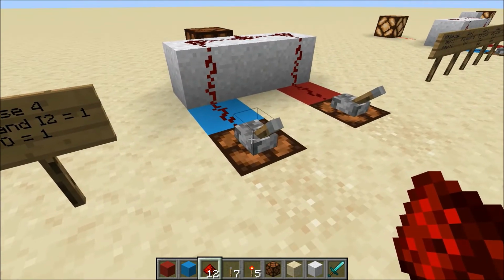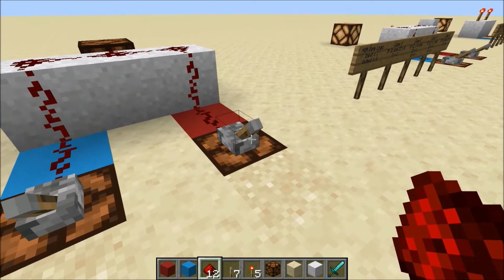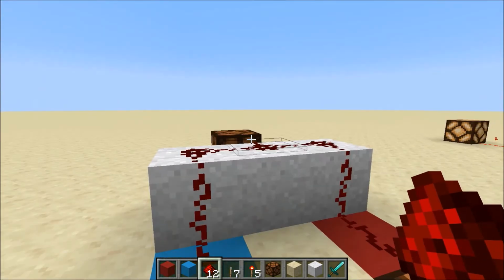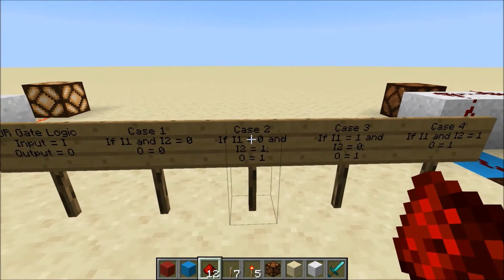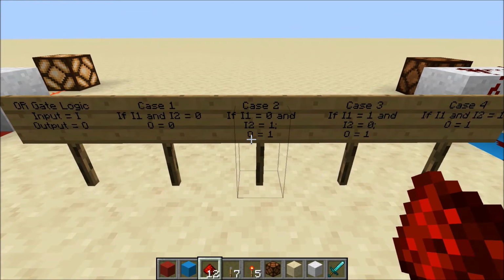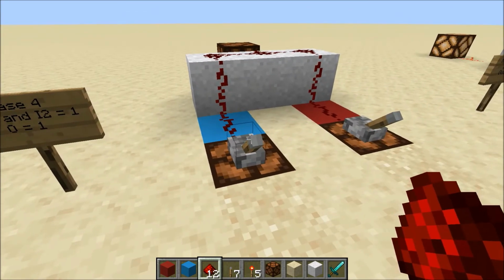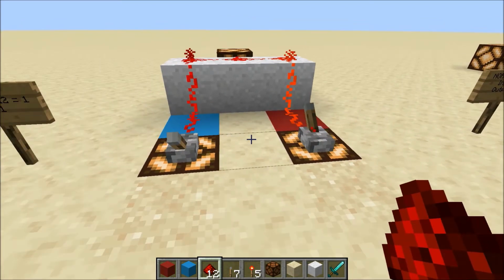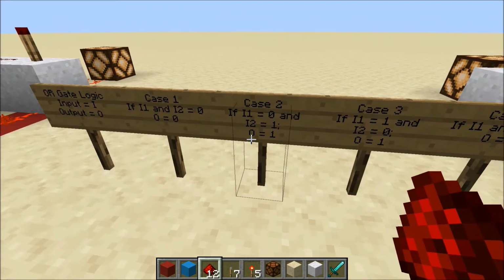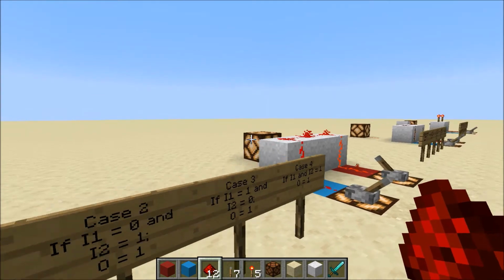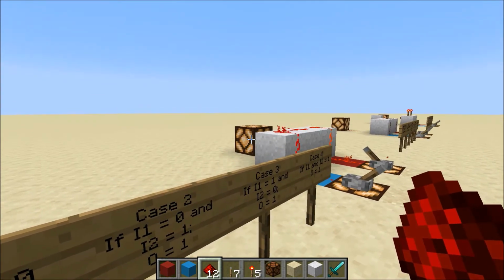The second case is if input 1 is 0 and input 2 is 1, then the output will be 1. The light is on there, you can see.